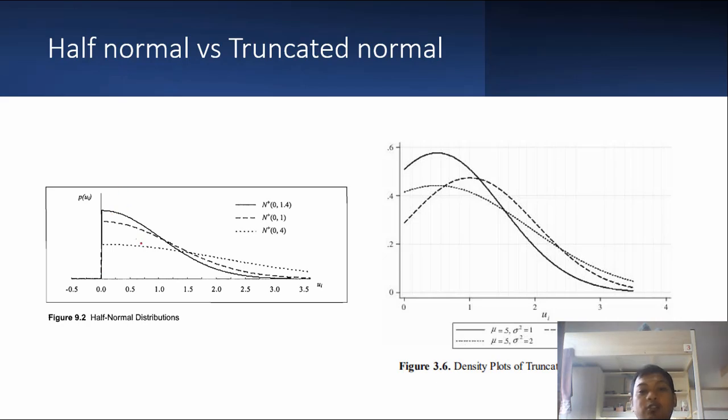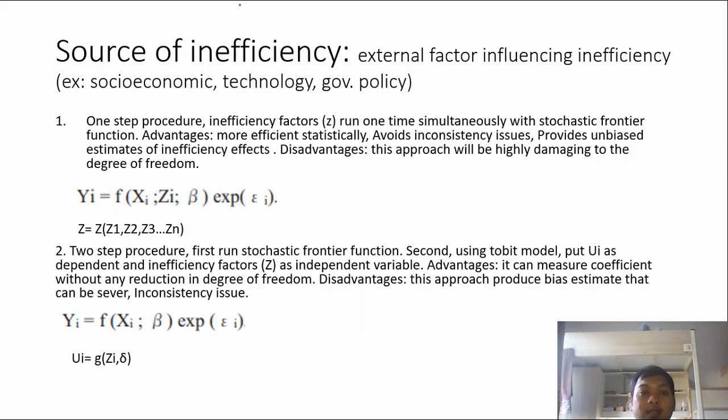And in here, the mean is mu here or here or here, so we call it the truncated normal because all is positive and the mean is not zero but greater than zero. These two assumptions are most popular rather than the gamma and exponential.